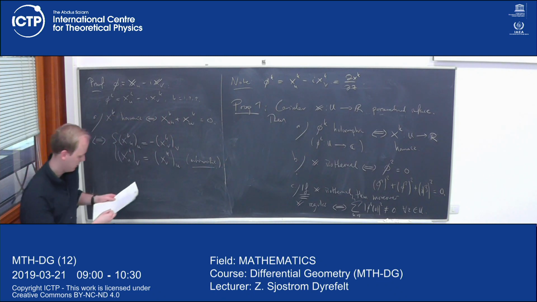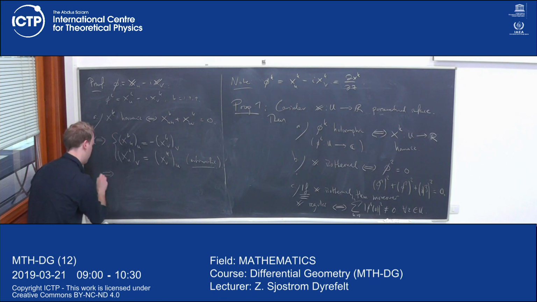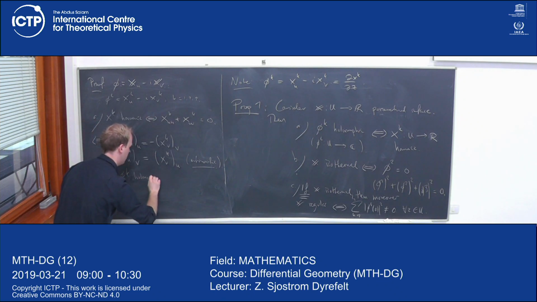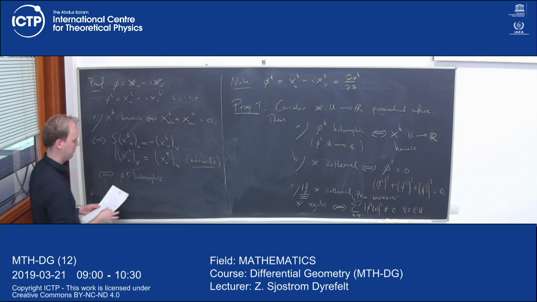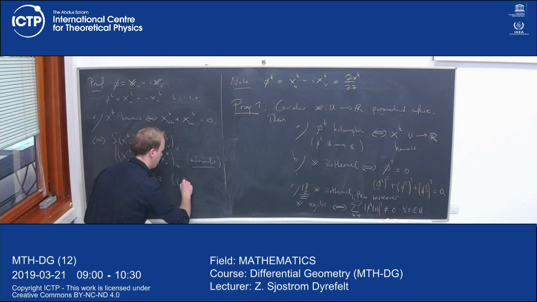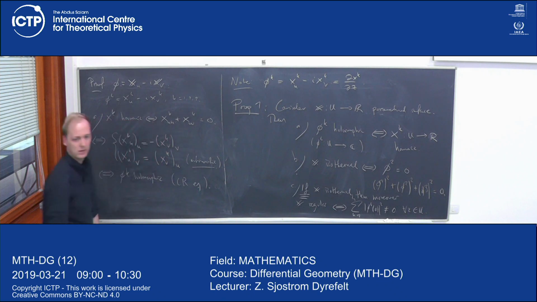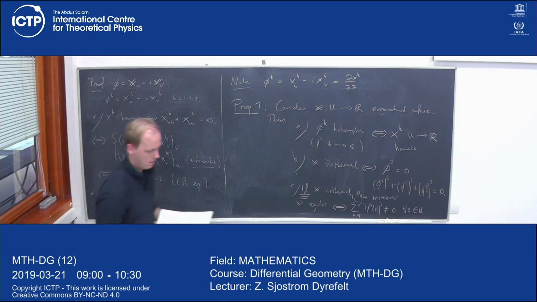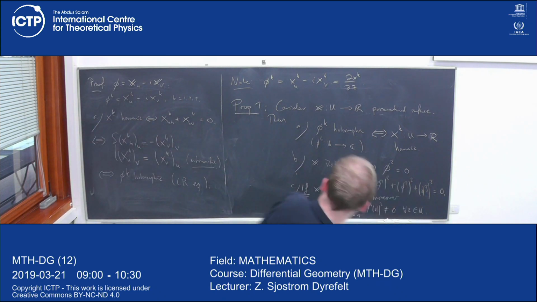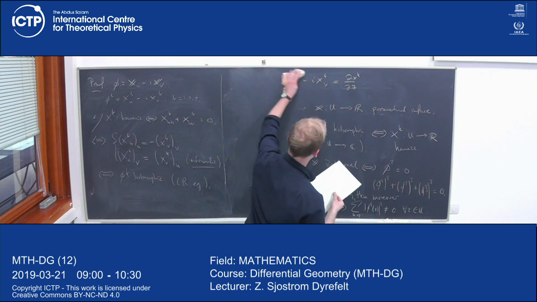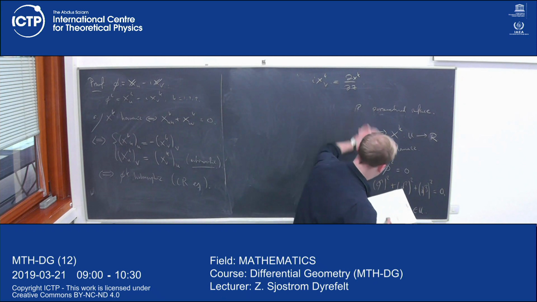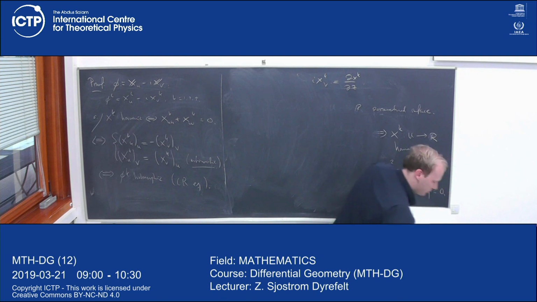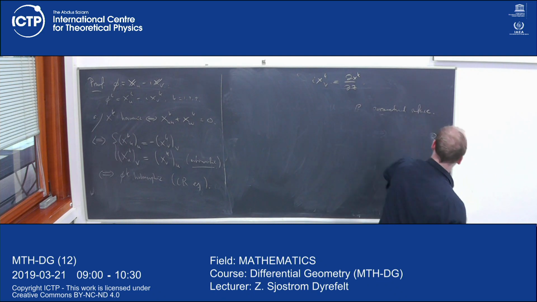And these are exactly the Cauchy-Riemann equations, so this is equivalent to phi_k, which was exactly this, phi_k holomorphic. So these are the Cauchy-Riemann. Okay, so now unfortunately I'm erasing this due to a small blackboard.